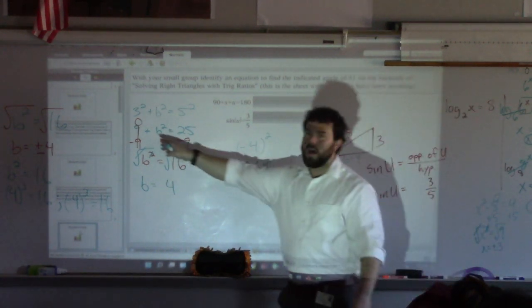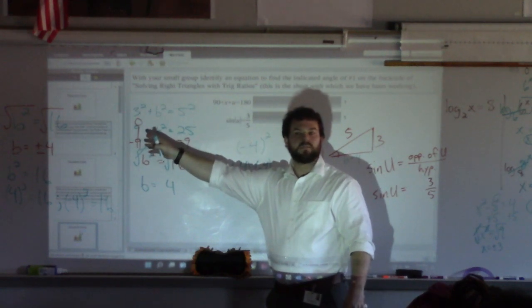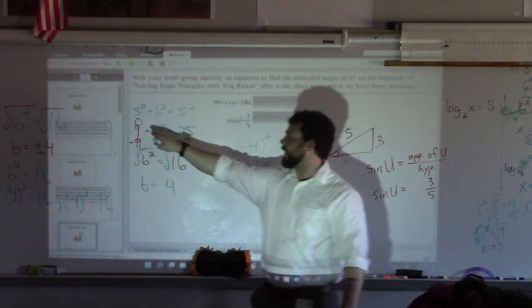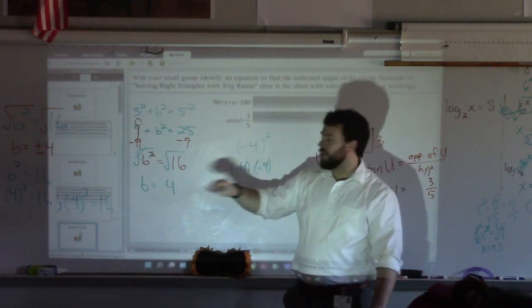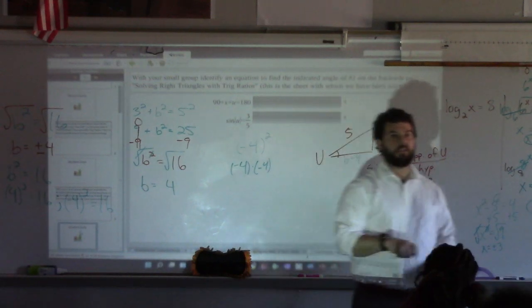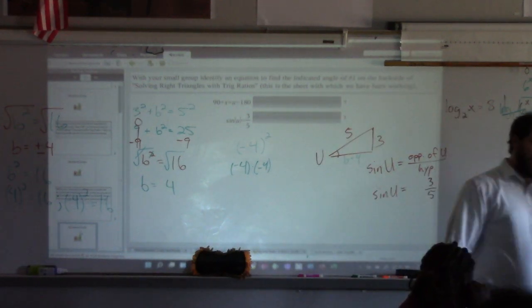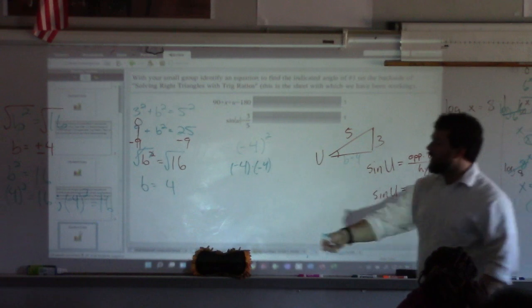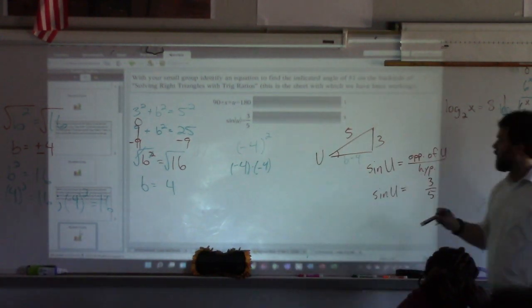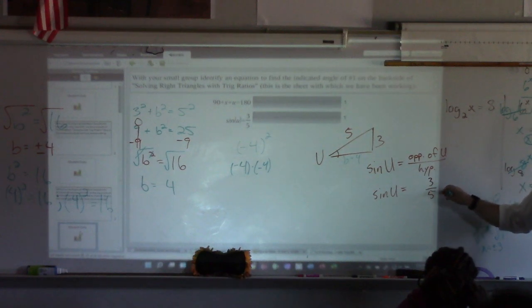Notice how we had a positive 9. What's the inverse of that? A negative 9. So we subtracted 9 to make a 0. Then we had b squared is equal to 16. What's the inverse of a square? A square root. And so we use the inverse to solve this equation. I have an equation here, so I need a what? I need an inverse.